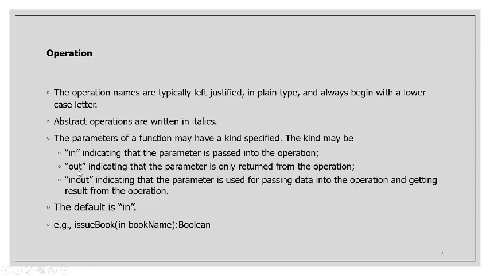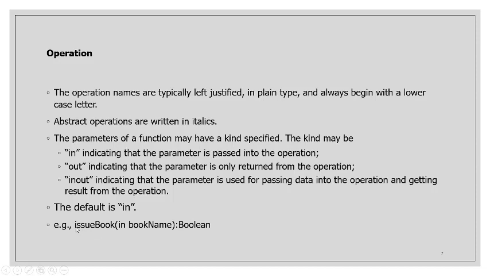If the parameter is only returned from that operation, then we precede that parameter by out. And in out indicates the parameter is used for passing data into the operation and getting the result of the operation. That means in both cases it will pass the value to the operation, and also it will return the value through the operation. And if you do not put anything, then the default is in.